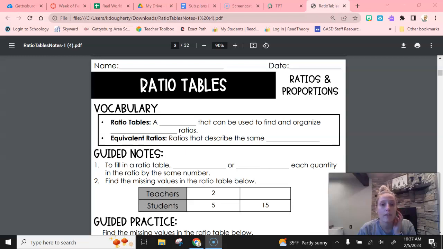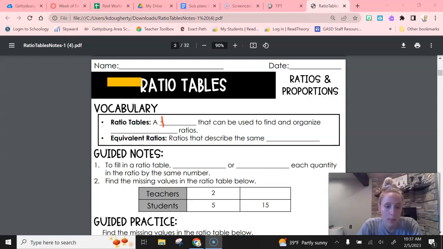First, we have the word ratio table. Ratio table. All it is, draw a little thing here, is a table. Let's just write it in.